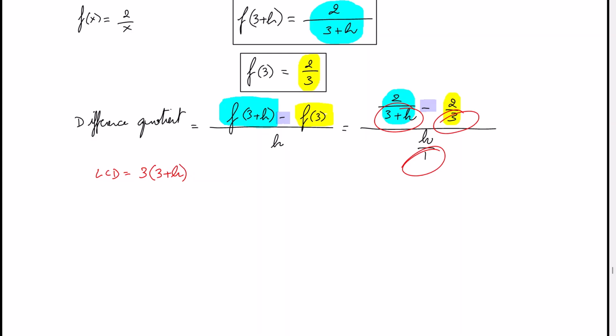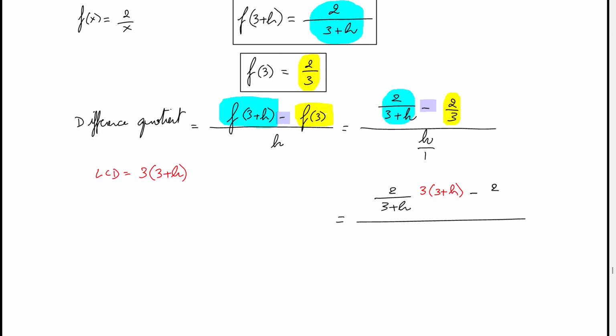So what I'm going to do is give each one of these 3 fractions that in its numerator. I'm going to continue here, and say that first, the 2 over 3 plus h is going to get an LCD on top, 3 times 3 plus h. Then there's a negative 2 over 3 that is also going to get a 3 and 3 plus h in its numerator.